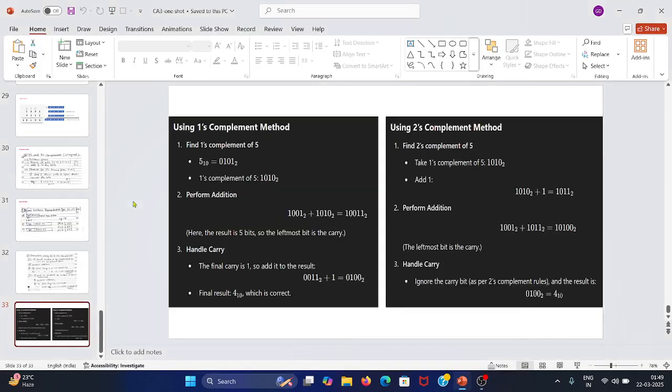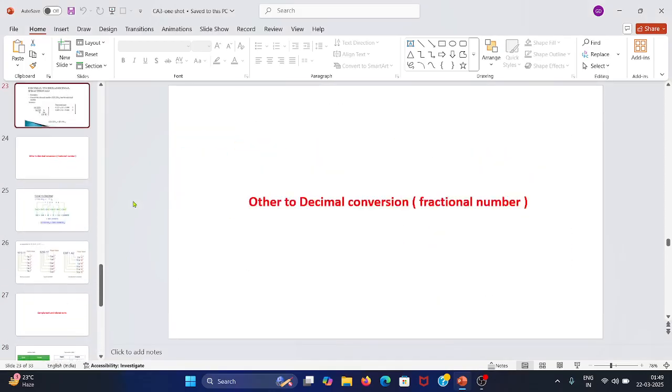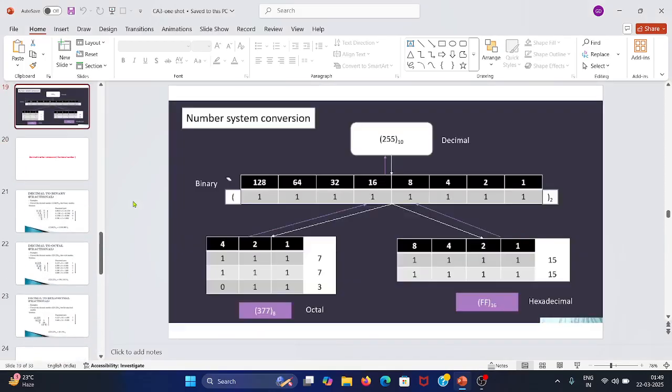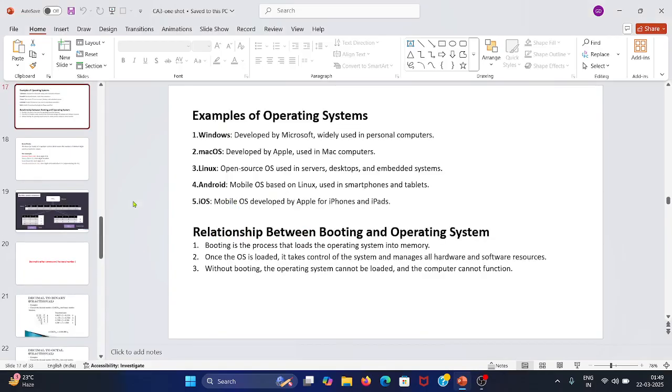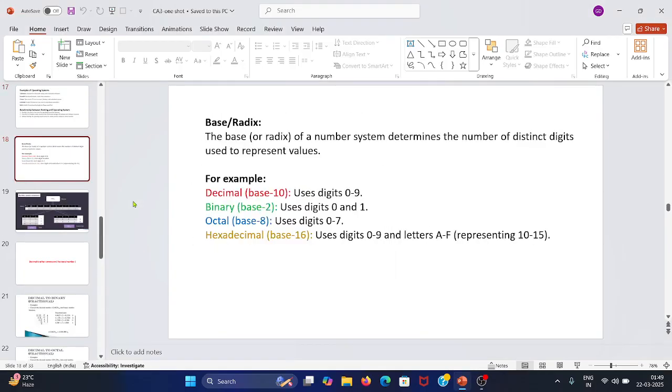Let's start with the first thing, the basic thing which you need to understand before jumping to that. So now let's first discuss the base and radix. The base or radix of a number system determines the number of distinct digits used to represent values.